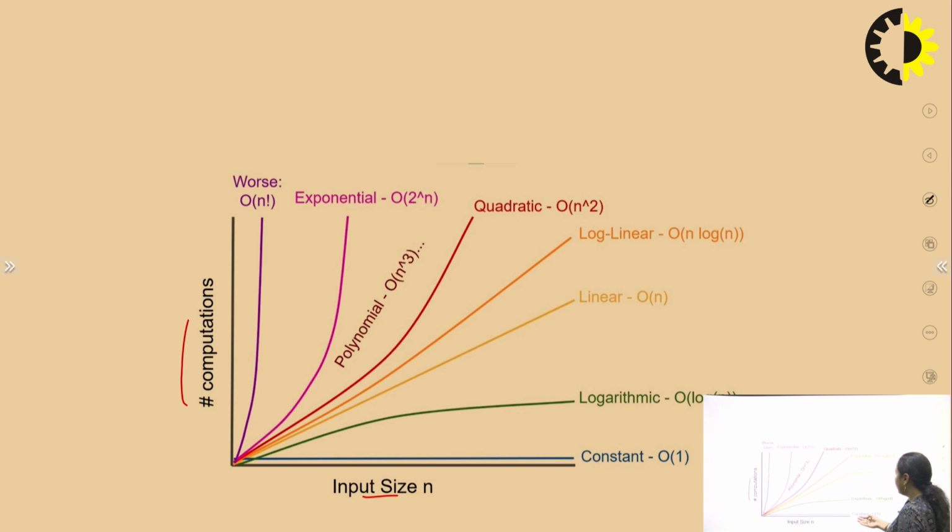We have constant, where we get our results in constant time, that is O of 1. After that it is logarithmic, then linear, log linear, then quadratic, polynomial, exponential, and then factorial. So we go toward the worst conditions; the total input size and the total number of computations decide the complexity measures.